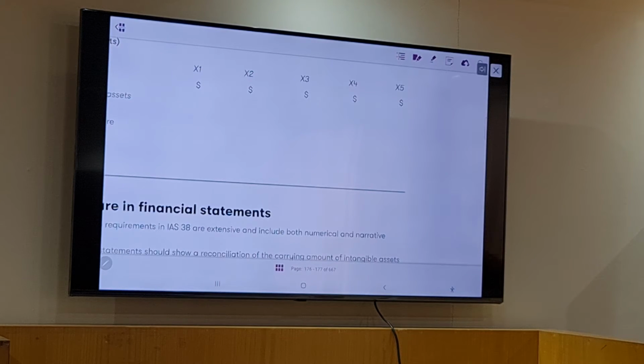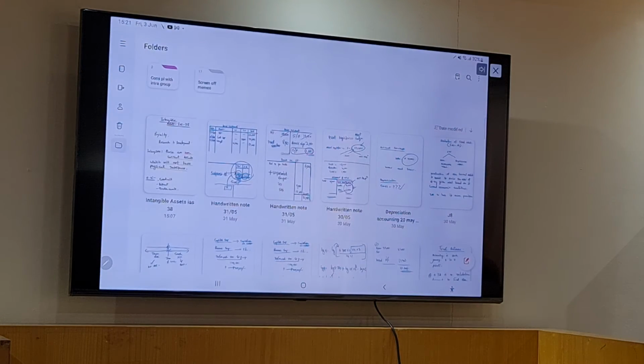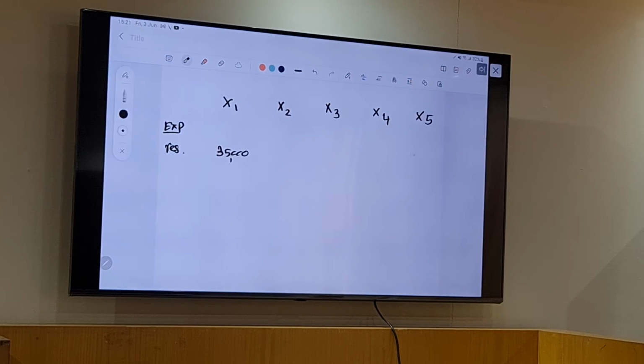Better if you can, please. X1, X2, this is 5 years. Expenses, research. First year how much? 35,000. Here 8,000. Nothing here, nothing here. That's clear, no?